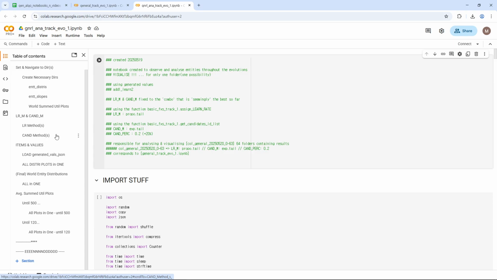not going to have a look at the lifespans or the slopes. Well, at least not for now. Today I'm just going to show the entity distributions and the average summed utility plots for the world.